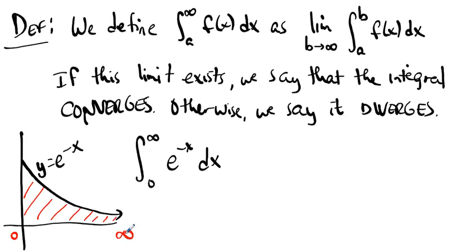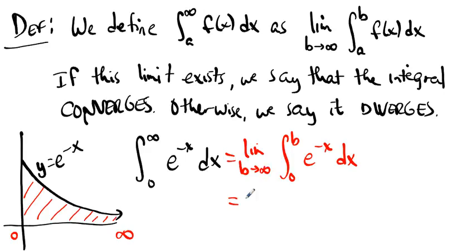Well, what we do is we take the integral from 0 to b of e to the negative x dx and take that limit as b goes to infinity. Well, you and I both know how this works. This is one of those you sub in your head moments, from 0 to b.